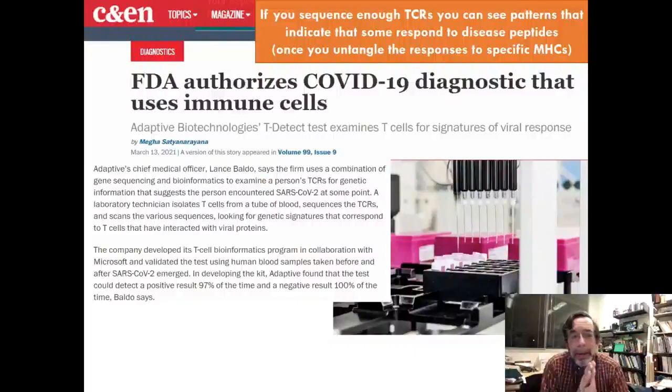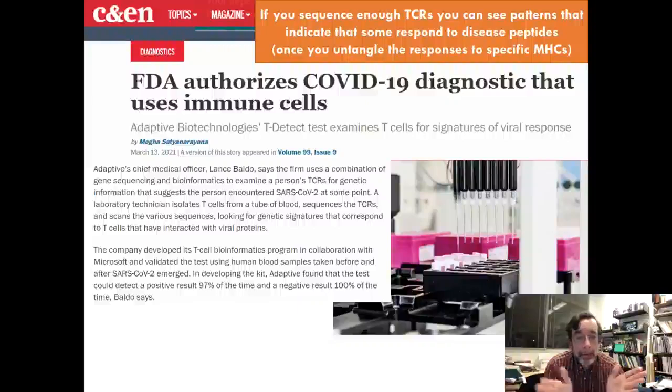And there was actually something way back in 2021, a Seattle company called Adaptive Biotechnologies made a proposal to examine T cells to see if they had particular kinds of receptors that would have sequences that would correspond to viral interacting T cells. So it developed this.